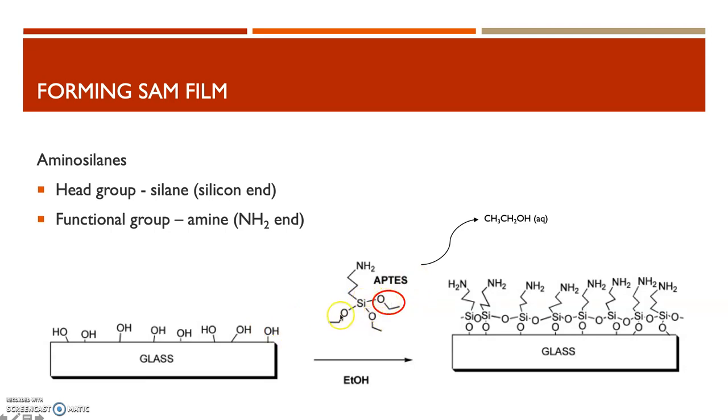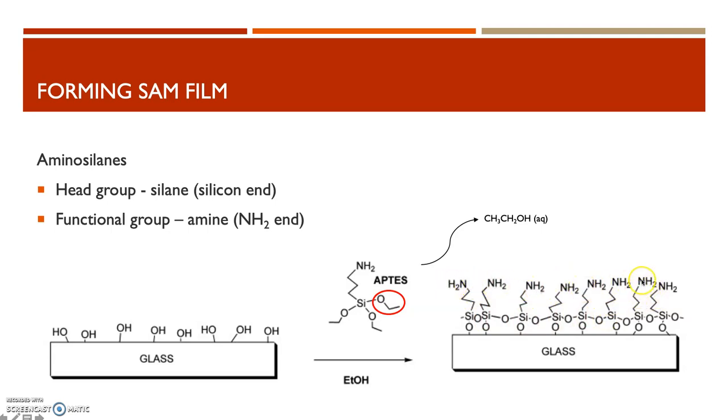If this can have multiple binding sites, it can bind multiple times to the surface, or it can bind to other SAM molecules that are next to it, those silicons. In either instance, we're going to create this layer of silicon oxide on top of our surface, and everything that's pointing up away from the substrate is going to have the aminos on the end.